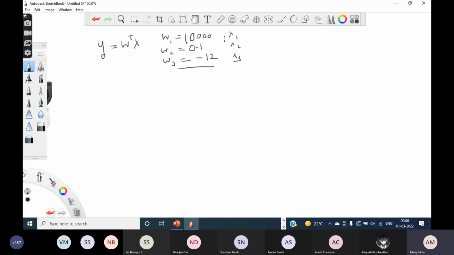Now suppose there is some kind of error in the first feature. Whenever I am measuring a feature, there can always be some amount of error. So suppose instead of measuring x1, I get x1 plus epsilon, where epsilon is the error. Or let us say all of them have some errors: x2 plus epsilon 2, x3 plus epsilon 3.